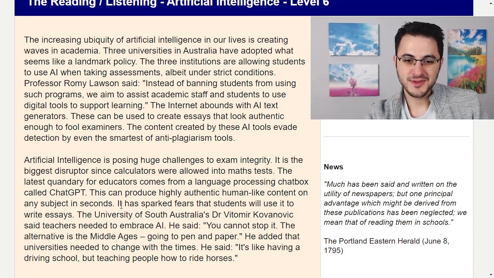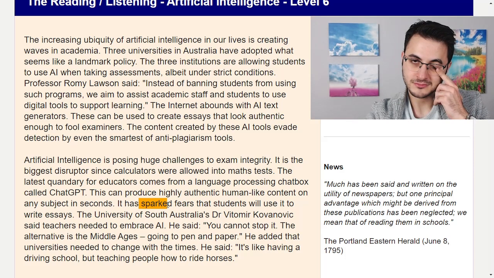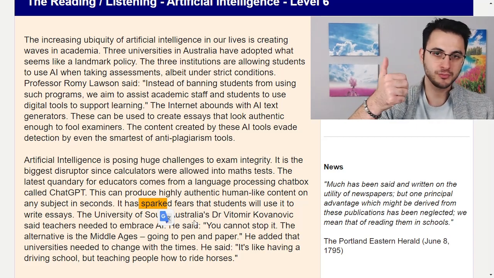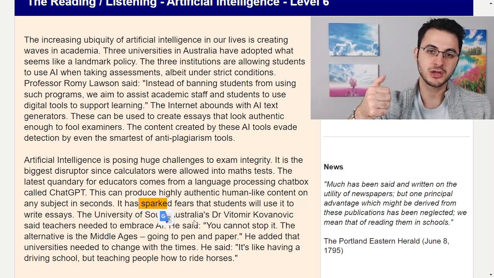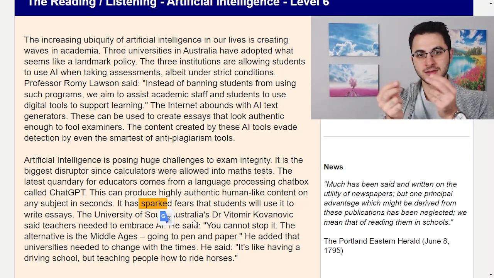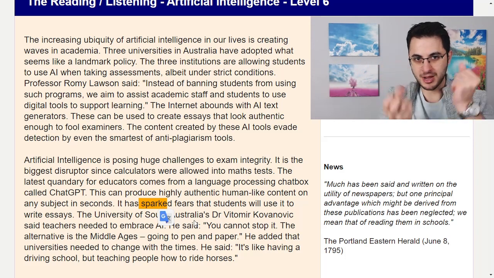It has sparked fears that students will use it to write essays. Spark fears, it means spark. When you are trying to make a fire, the red dots that come out at first, maybe from the wood, the red dots come out, right?